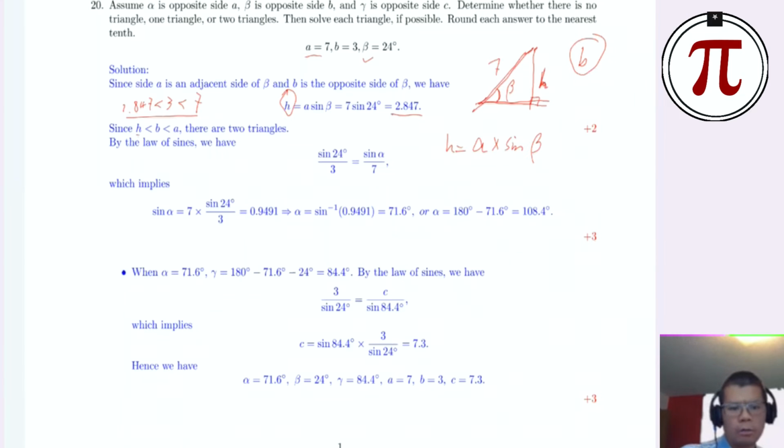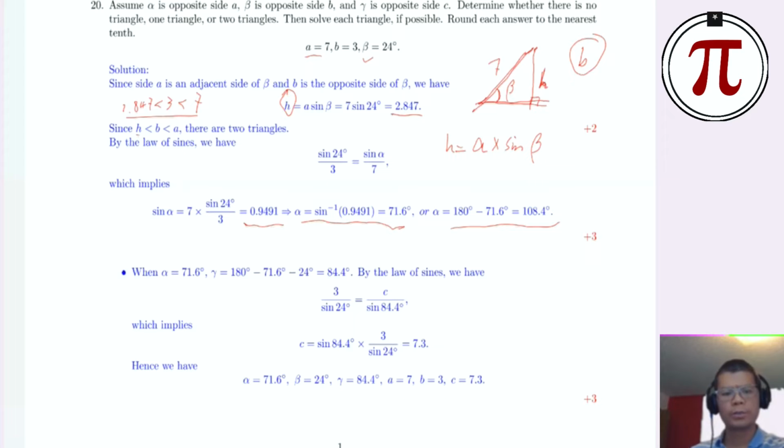Now, by law of sines, we have sine alpha over 7 equals sine beta over b, 3. We found that sine alpha equals 0.9491, and alpha equals either this one or 180 minus this one. Two possibilities.